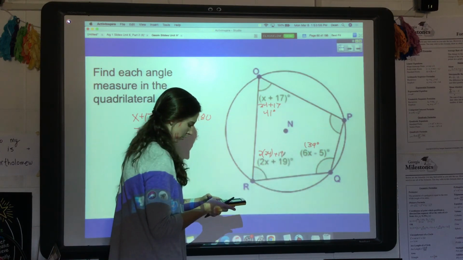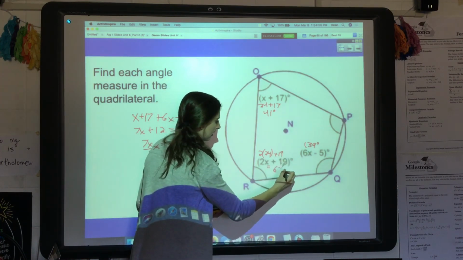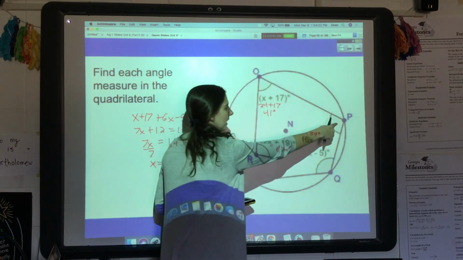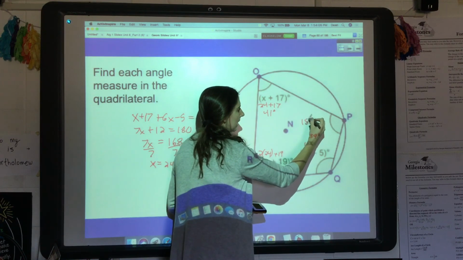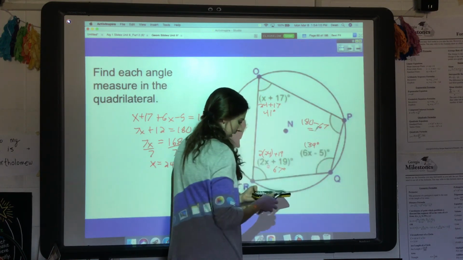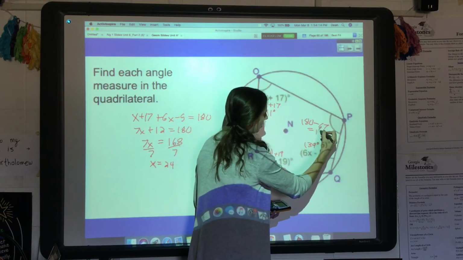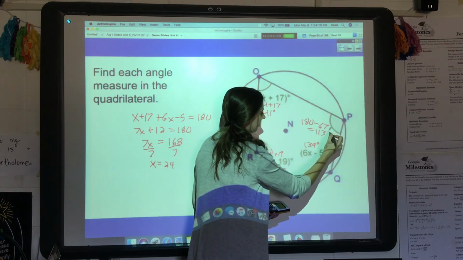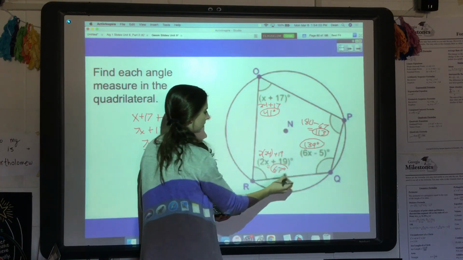So 48 plus 19 is 67 degrees. And then again, to find this one, do 180 minus the 67, and we get, well, it's 113. So those are all the angle measures.